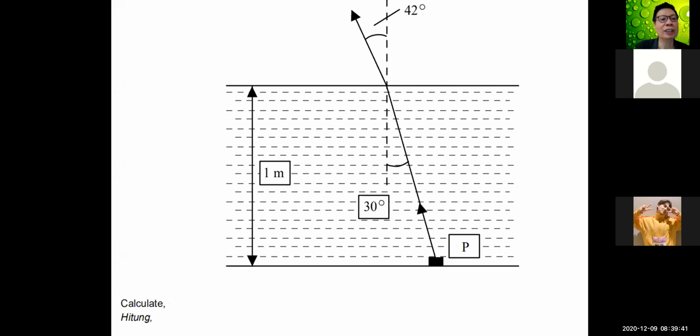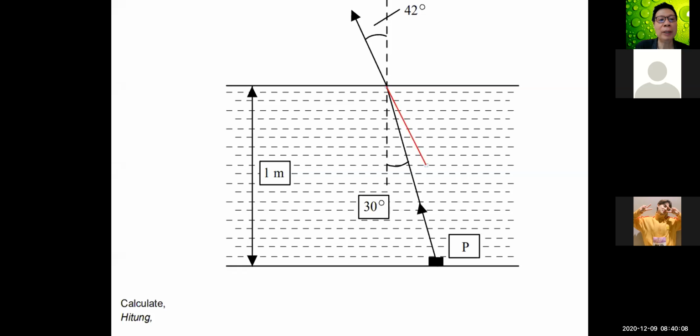Okay, apparent depth is this one. Let me draw a line for you. So the line goes out from the water to the air, right? But this person can only see in a straight line. So what he sees is like that. This line should be a dotted line, but I cannot choose a dotted line.